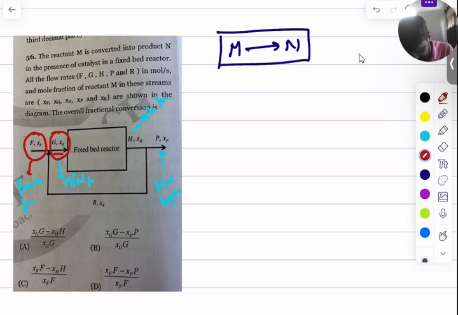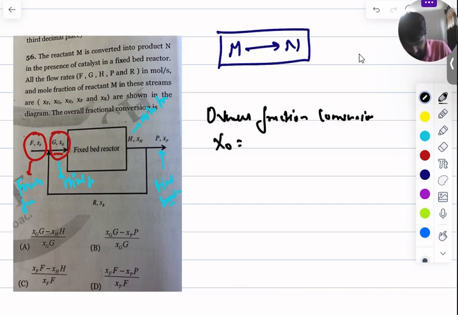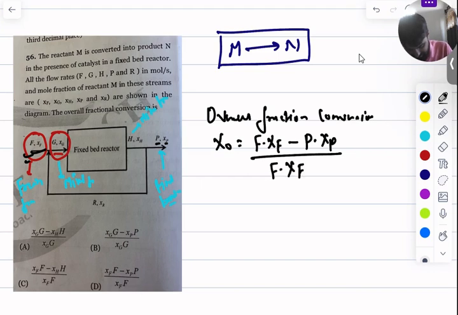So what question have they asked? Overall fractional conversion they have asked. So what I'll tell you, the overall fractional conversion, X overall can be written as: this is feed, so fresh feed F into XF minus product P into XP, divided by, based on the fresh feed, F into XF.